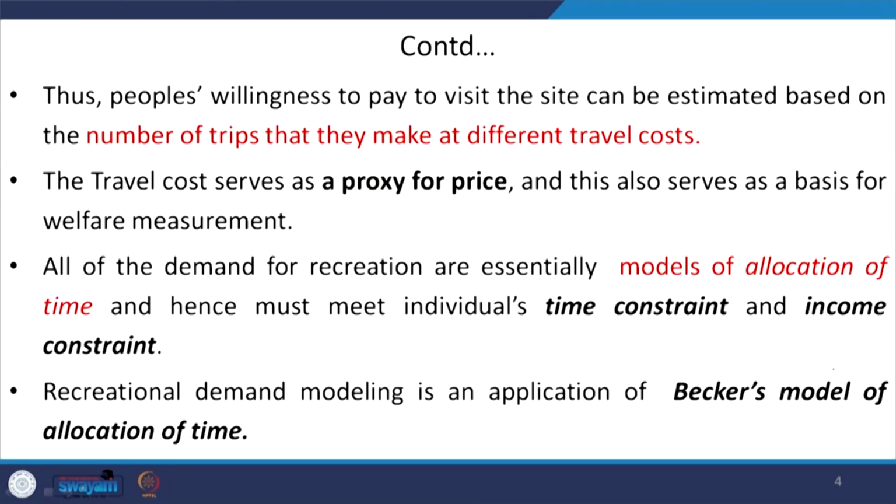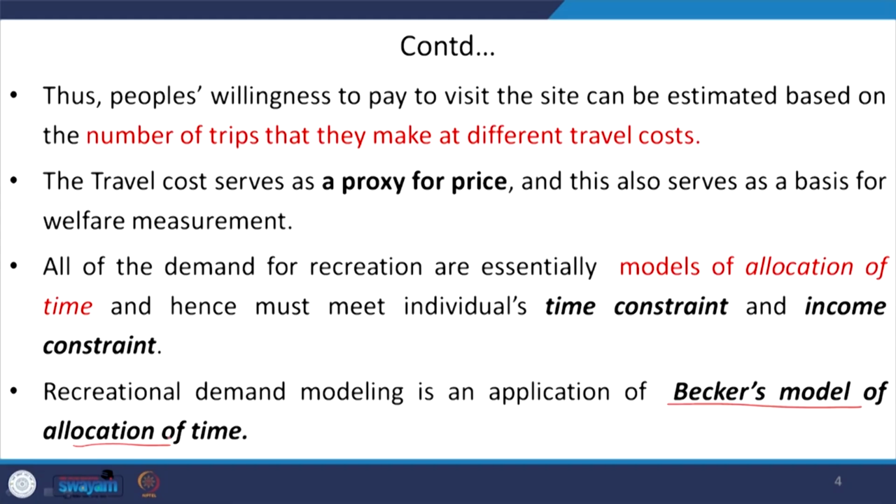And when we are going to the underpinnings, the theoretical framework of this travel cost method, we need to take into account that this travel cost model is based on the application of Becker's model of allocation of time. So, here we are talking about Becker's model of allocation of time.